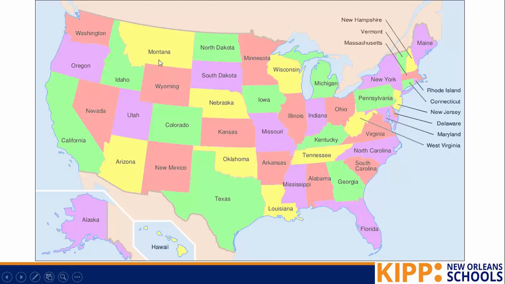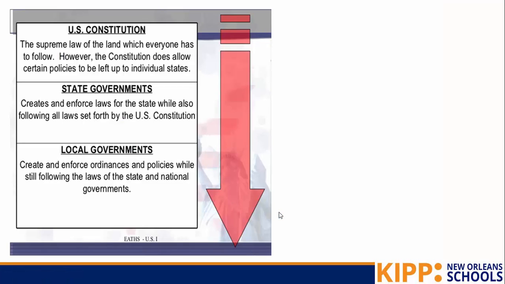And so we see here the US Constitution affects all of the states in our country, whereas our state constitution just says how our state is going to be run. And then we know that you can go even a layer smaller and look at local governments. So one of the reasons why we divide up our government among these three different layers is that it makes it a lot easier to manage this large country.